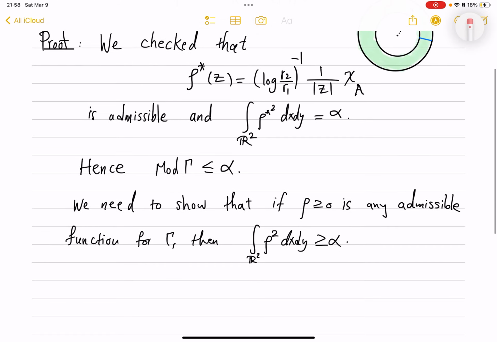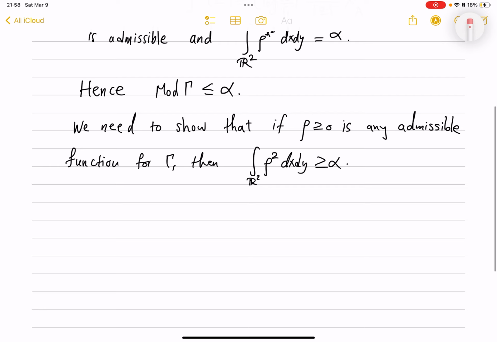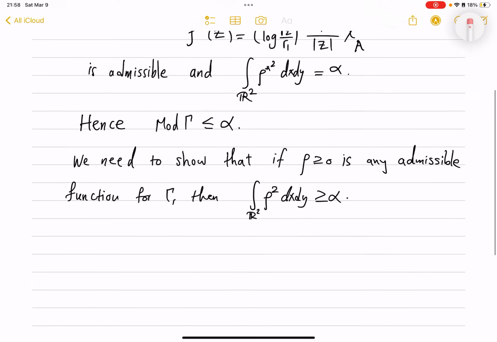To complete our proof, we have to go in the opposite direction and show that if you start with any random admissible function, then its L2 integral can never be less than alpha. You cannot do better than this rho star in terms of L2 energy.